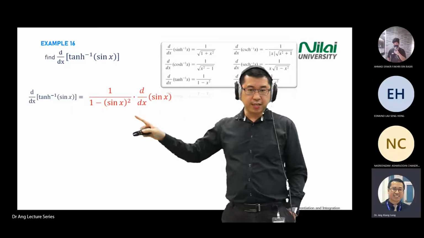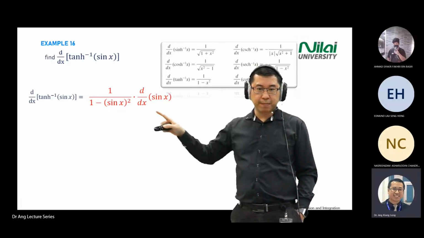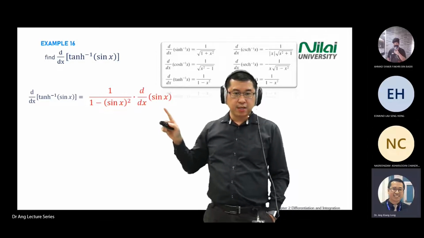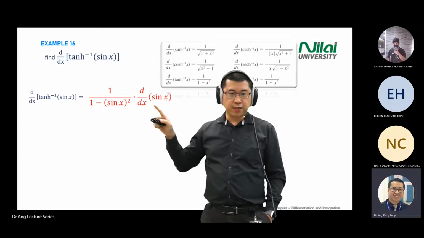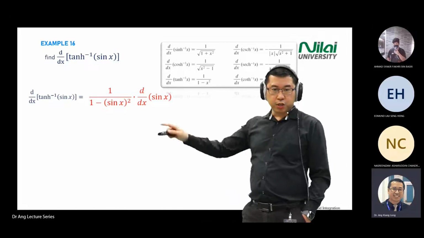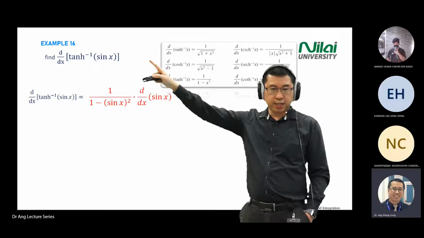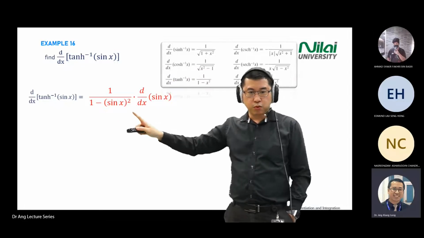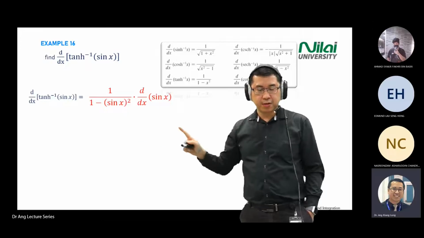Next, this one is just a differentiation step. When you have a bracket with x inside, you just differentiate one more time. Differentiate sin x. Any question on the question, these steps, this table and this table? You don't know how to arrive at these steps? Please let me know now.